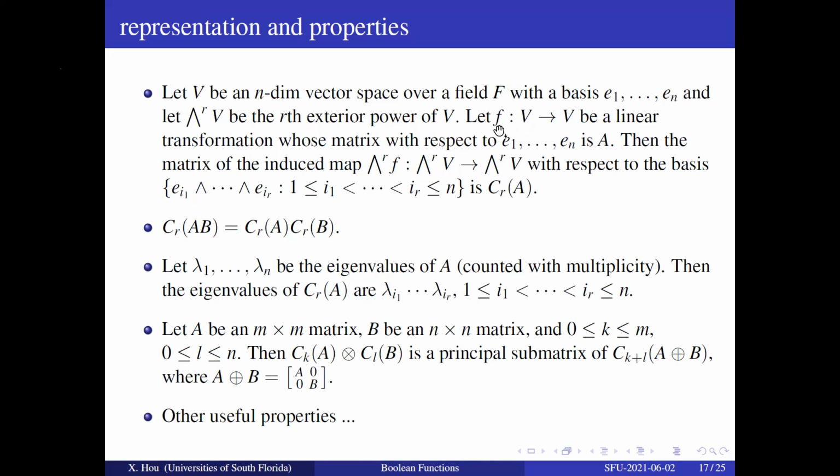Now, this linear transformation automatically induces a linear transformation from the exterior power to itself, denoted by wedge^r F. You simply apply the linear transformation to the components in the wedge product. This is a linear transformation, and it should have a matrix with respect to the standard basis of the exterior power.